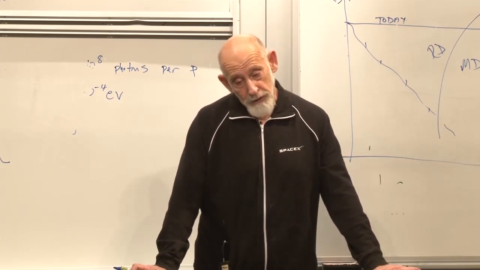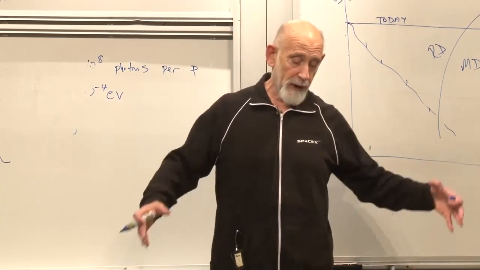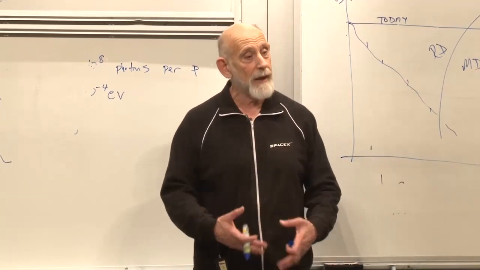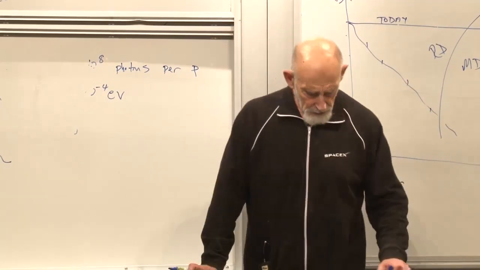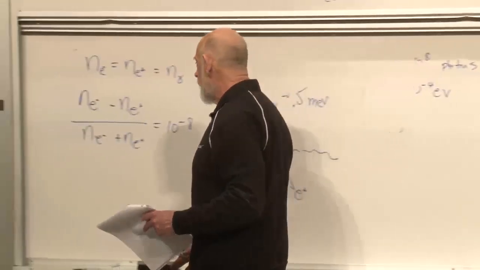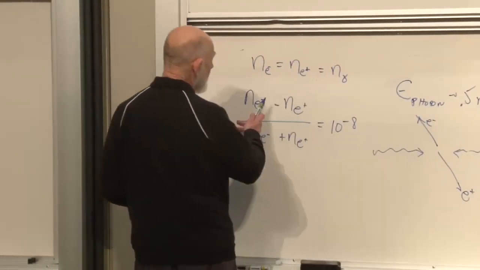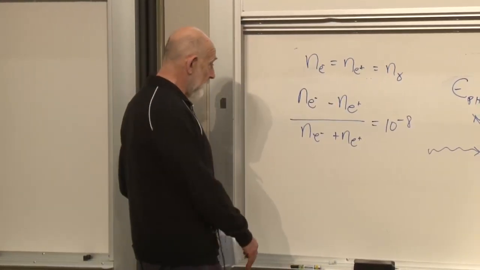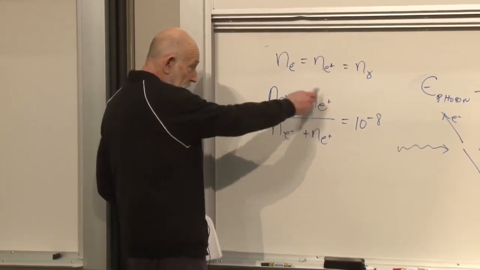If it had none to begin with, the photons would very quickly collide with each other and make electrons and positrons in equal numbers. So a natural expectation based on symmetry would be that the numbers were equal, and that the difference would be 0.